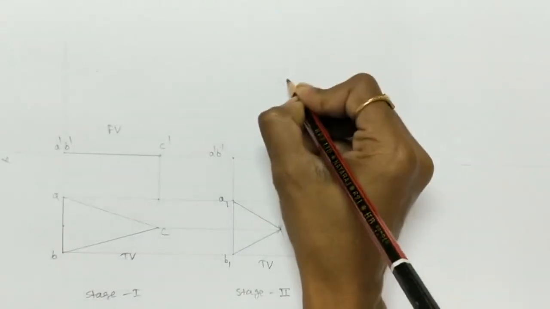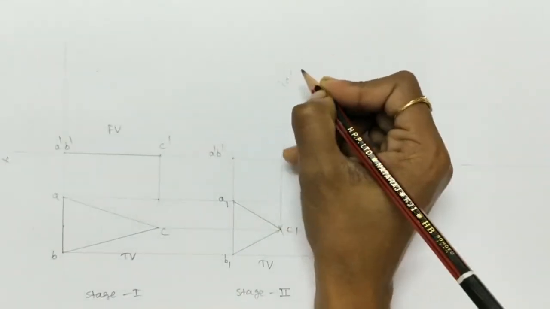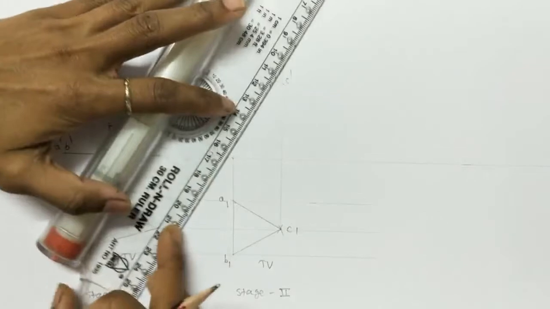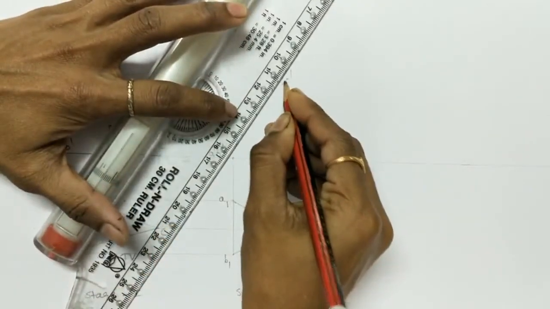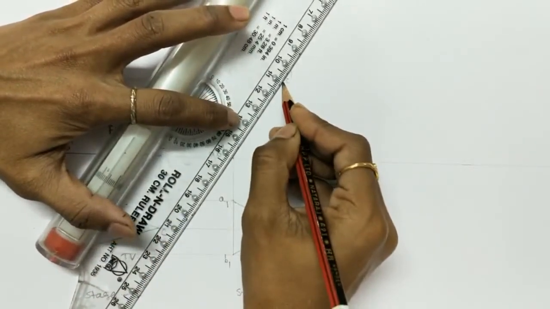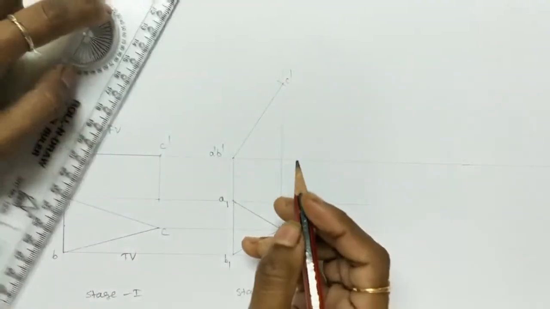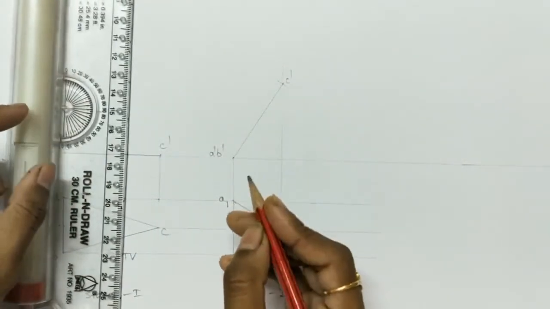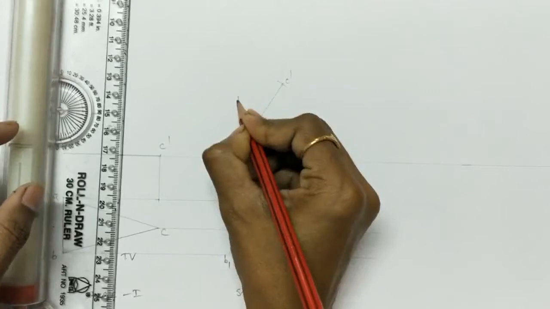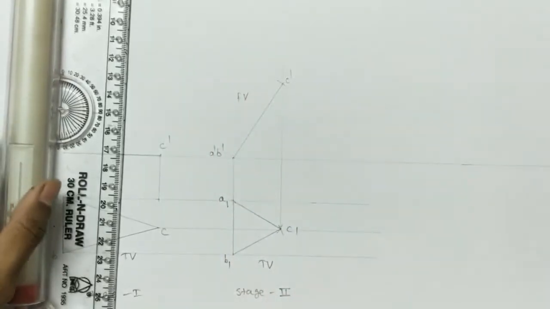So this point shows C dash. Now join A dash, B dash and C dash, which is the front view in stage 2.